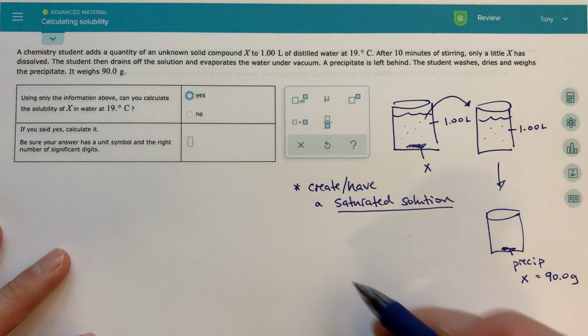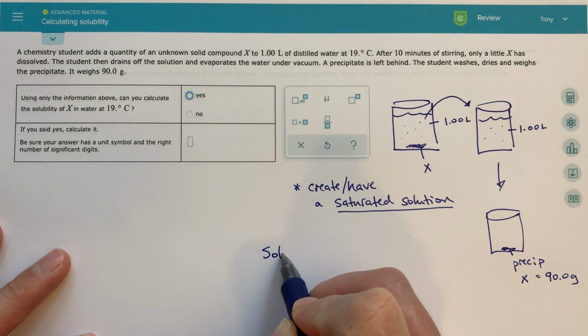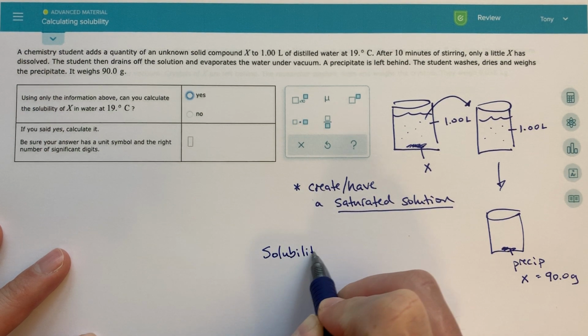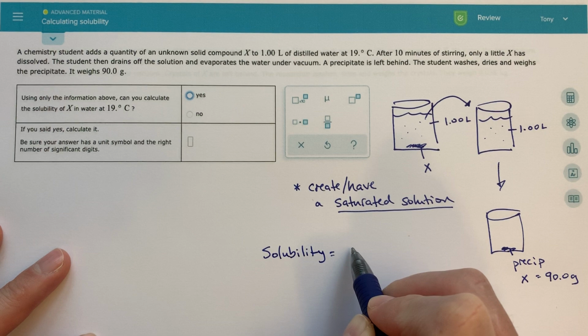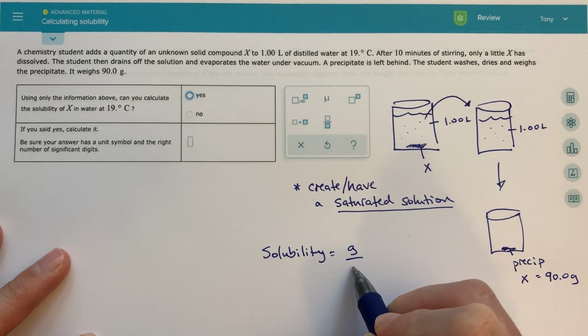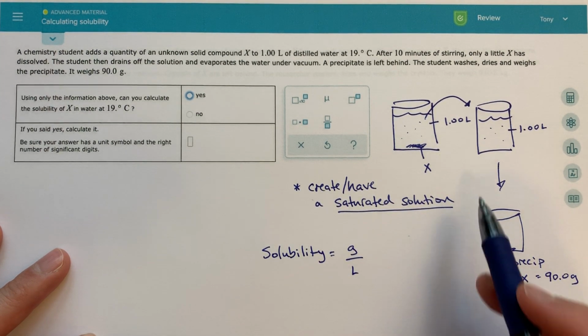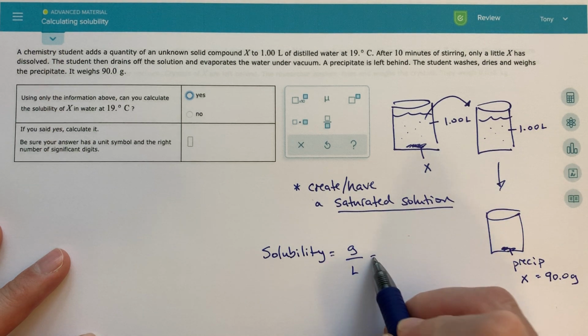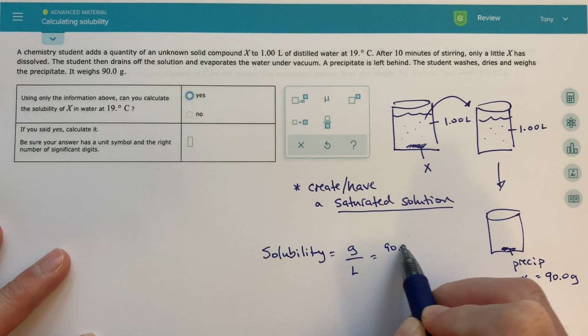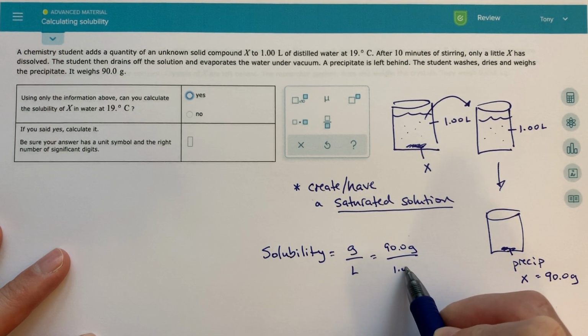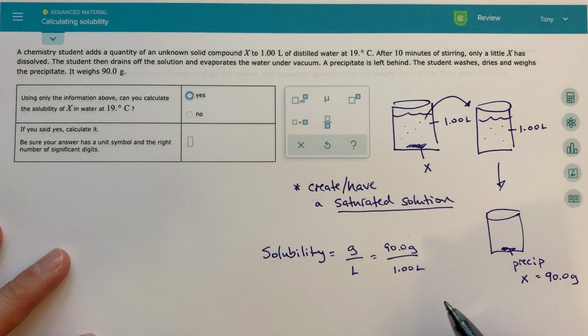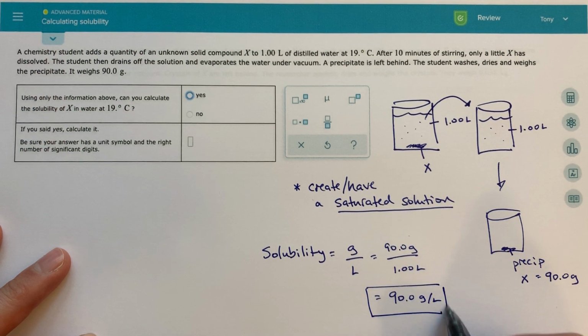So in order to calculate the solubility, it equals grams per volume. In this case, we'll just do grams per liter because it's 1 liter. So that's going to equal 90.0 grams divided by 1.00 liters, fairly straightforward. And that's going to be 90.0 grams per liter. So that's our solubility for this compound.